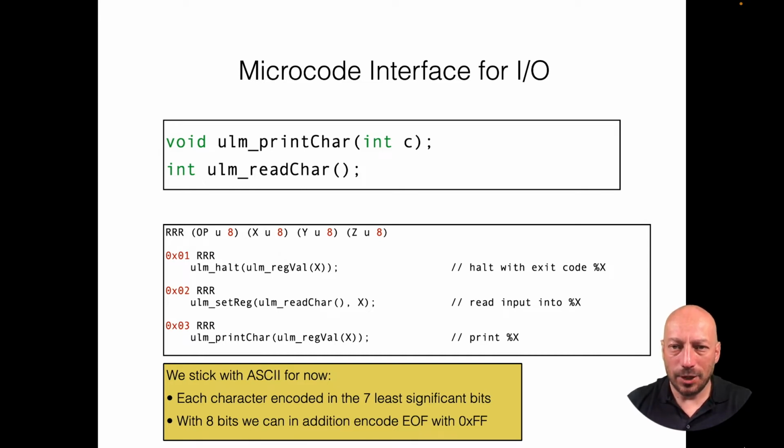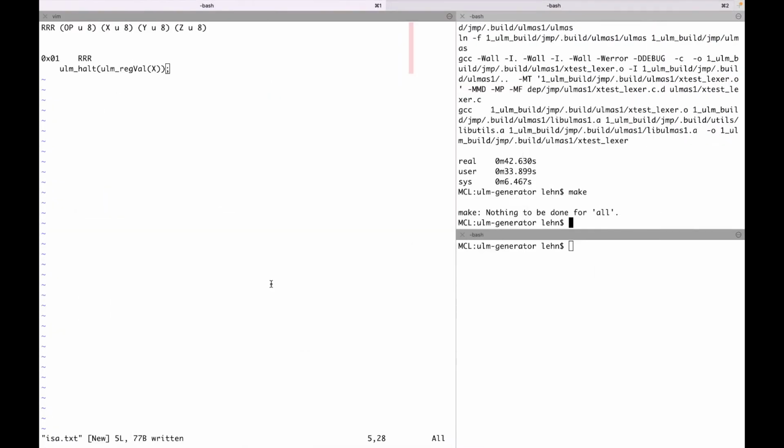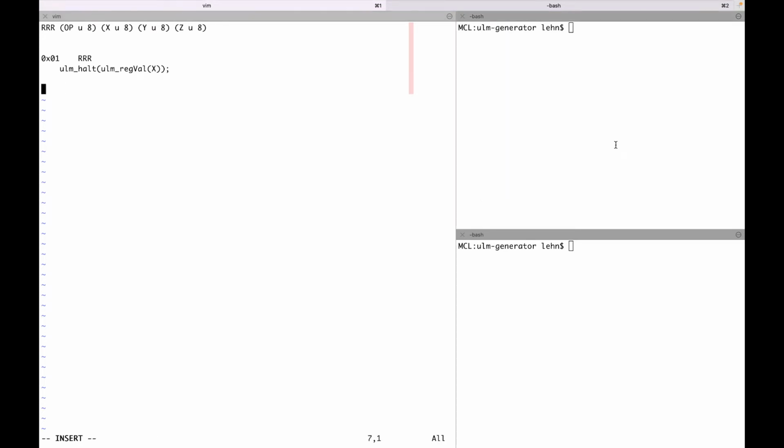So for keeping this simple, so that we just have to deal with 8 bits, I will realize these 2 instructions so that I'm truncating them to 8 bits. And for that I use the bitwise AND operator from C. So with this opcode, we want to set a register.